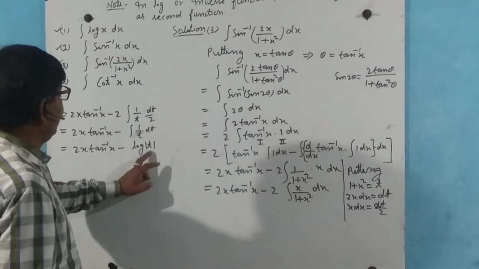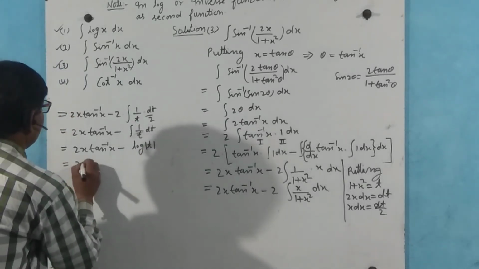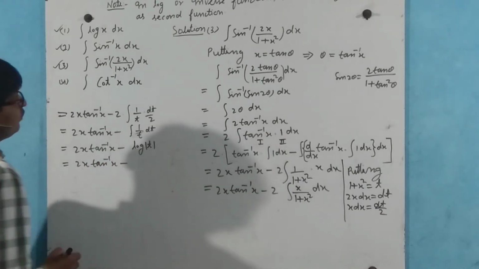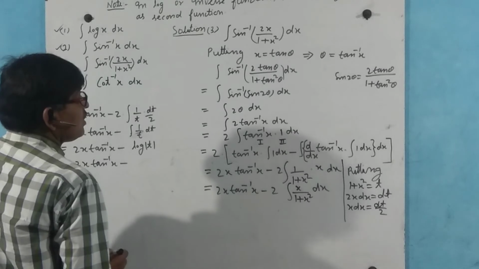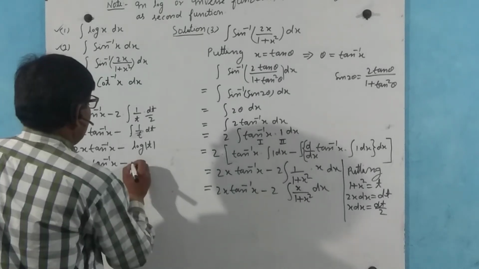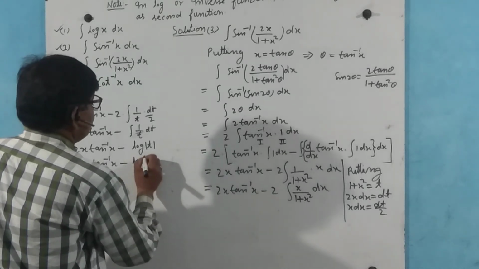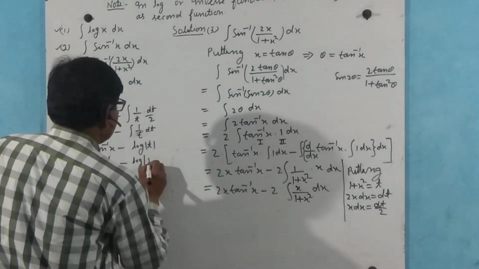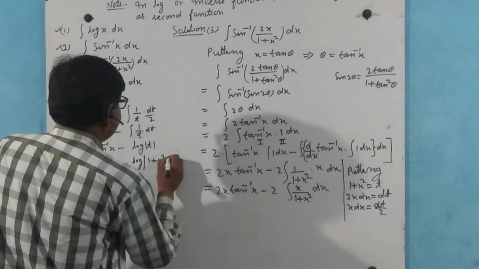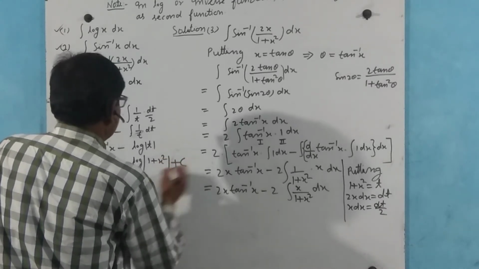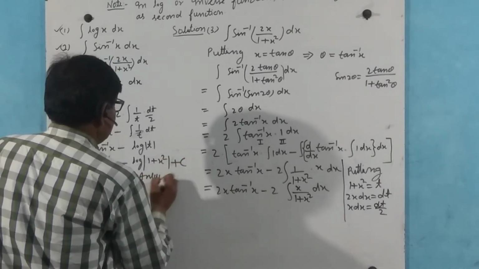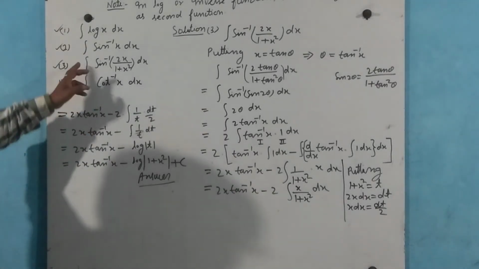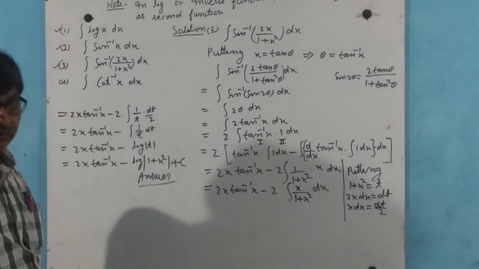Putting the value of t here, 2x tan inverse x minus log of (1 plus x²) plus integrating constant c. This is the integration of our problem here.